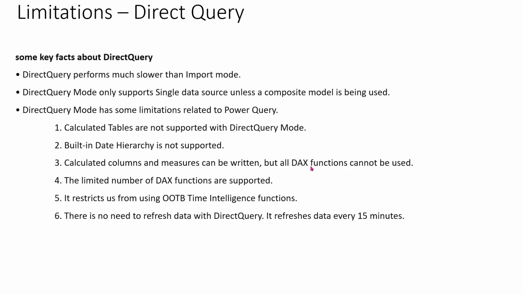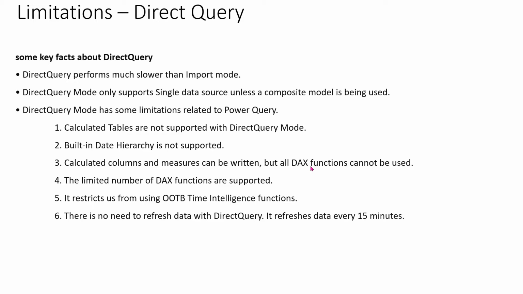Calculated tables are not supported with direct query mode. The built-in date hierarchy is not supported. Calculated columns and measures can be written, but not all DAX functions can be used. You can use very minimal DAX functions, but not all of them. A limited number of DAX functions are supported.